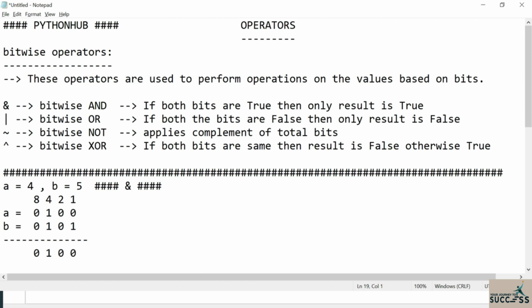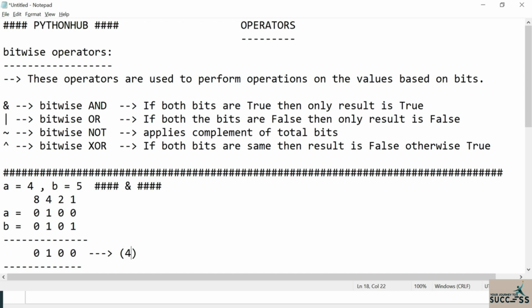So my output is 0100. If I put 0100 in decimal format, the value is 4 only. In this way, we can apply the bitwise AND operator between two variables.